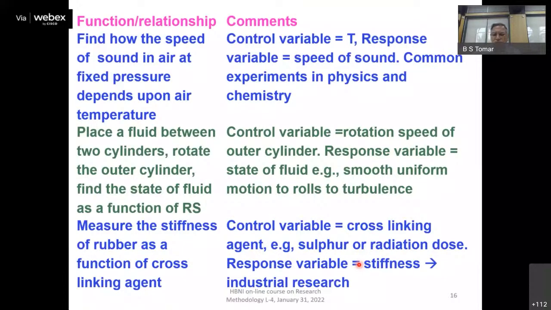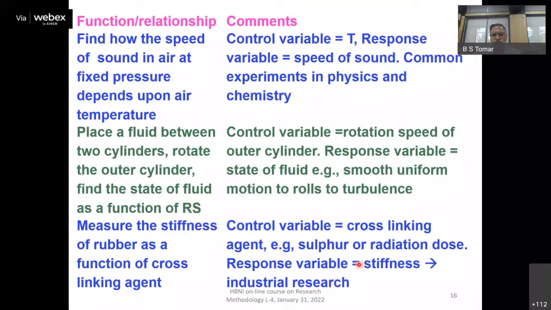So you can make a hypothesis also: radiation causes stiffness in the rubber. Now, this is a statement, a hypothesis, and you can irradiate the rubber with gamma radiation, find the mechanical strength of the rubber, and then confirm that yes, the hypothesis is true.